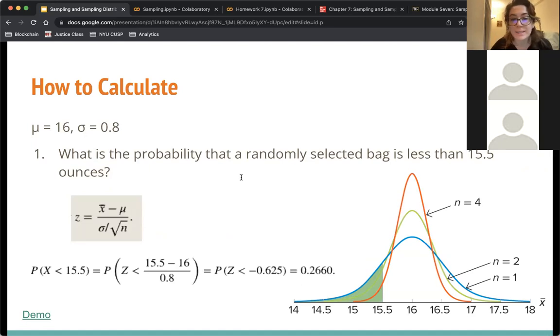If our sample is normally distributed, which often we'll just assume it is, then we can transform the value of X bar, which is the sample mean, into the corresponding value z given by this formula, where you have x bar minus the mean, divided by the standard deviation over the square root of the number of observations.